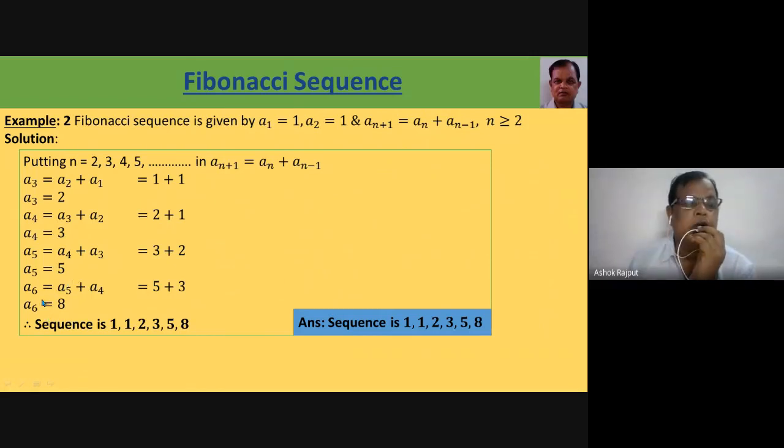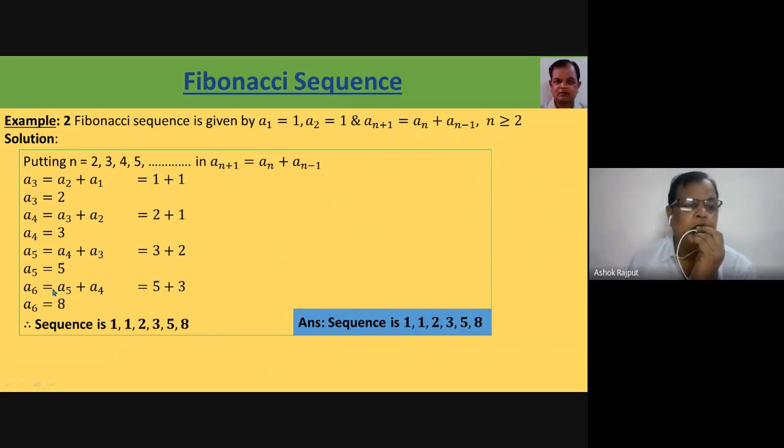Now we go to the next, putting n equal to 5. Then 5 plus 1 is 6, and 5 minus 1 is 4. So a6 = a5 + a4.